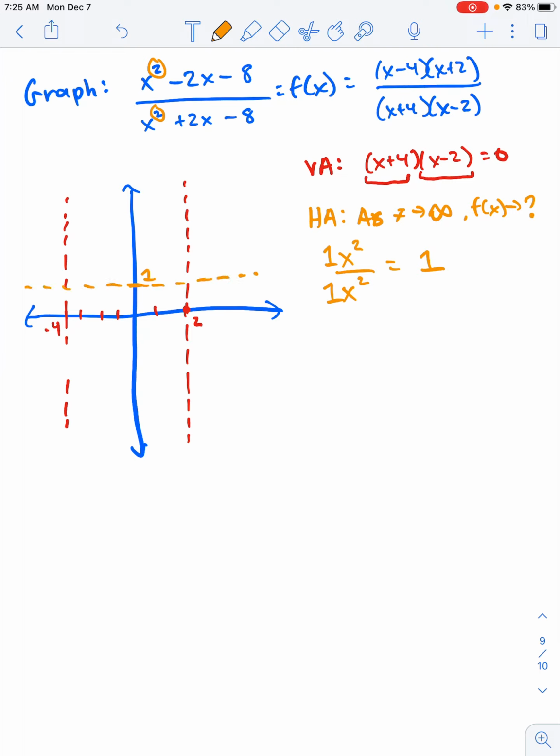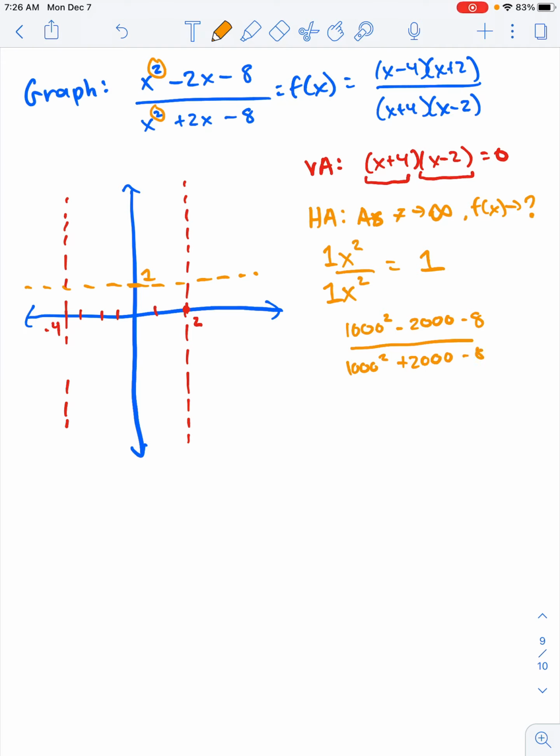So this also makes sense. If we plugged in 1,000, then we would have 1,000 squared minus 2,000 minus x all over 1,000 squared plus 2,000 minus x.